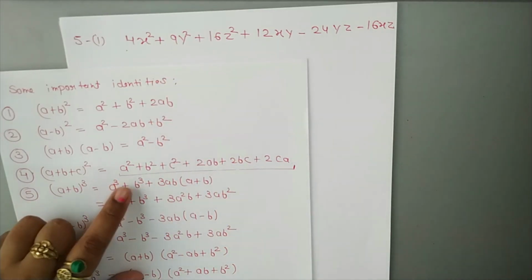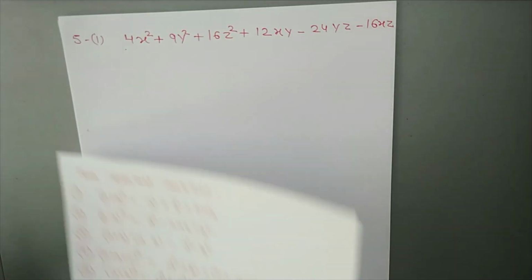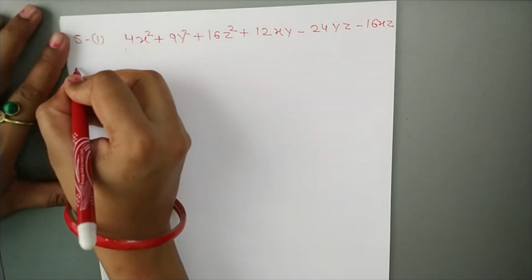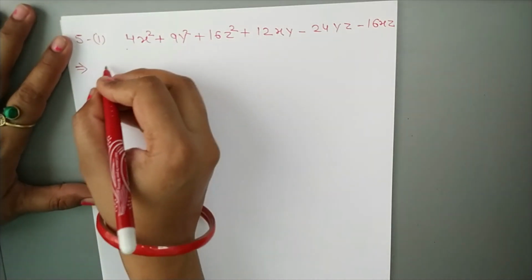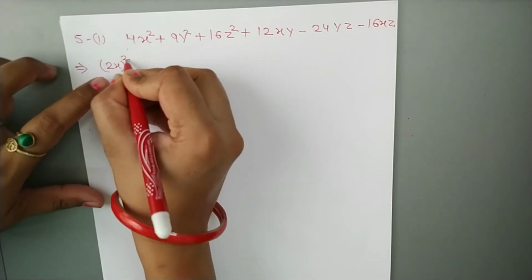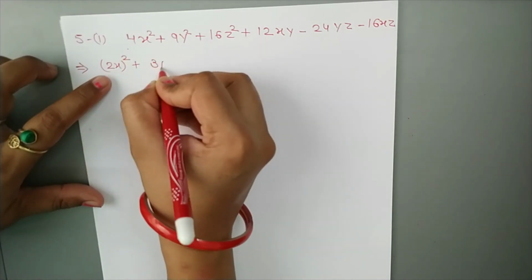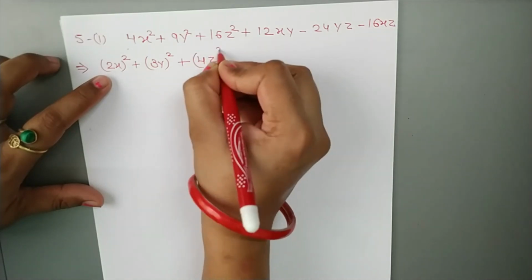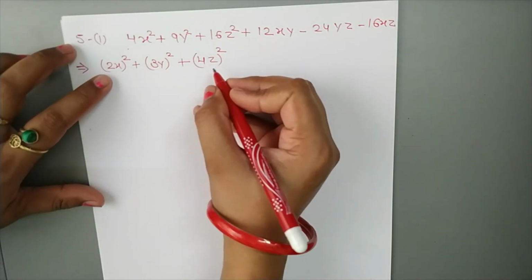Okay, so now we have to try to make this. Let's see, this can be written as 2x square, this will be a square plus b square, plus c square. Okay, these 3 will be fine.